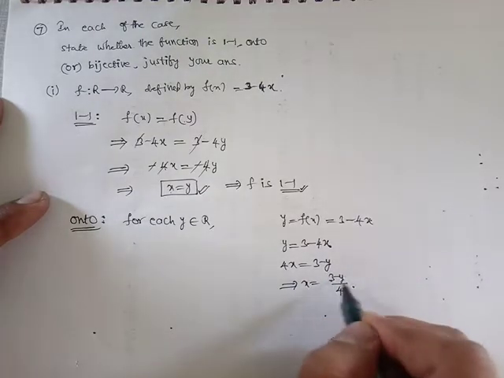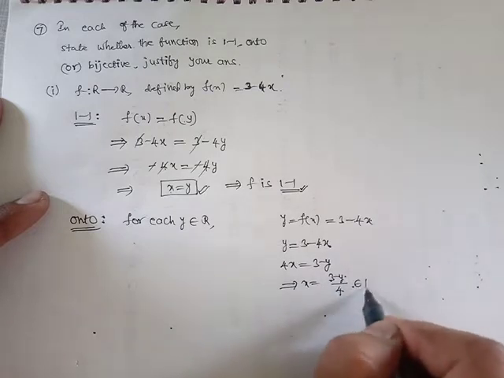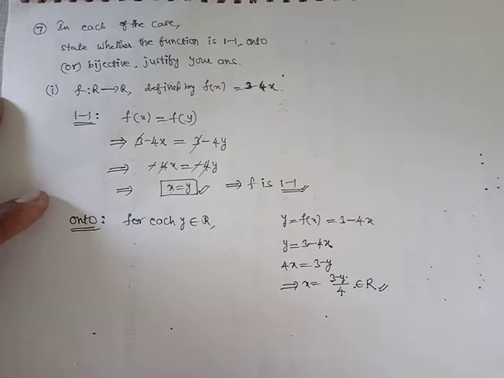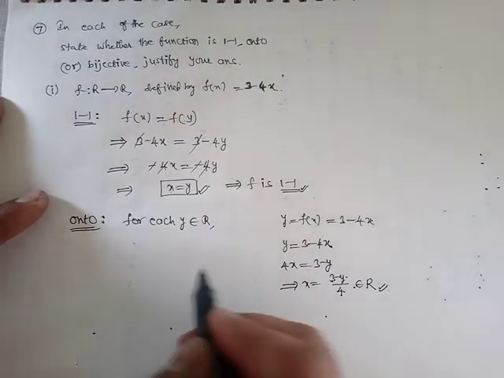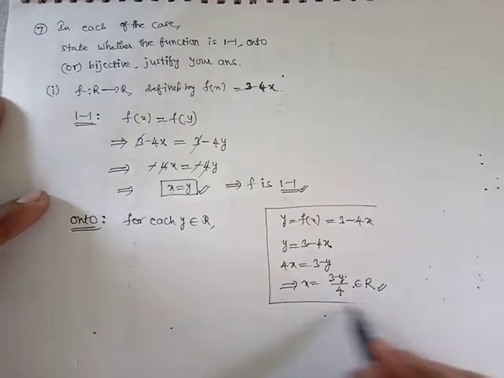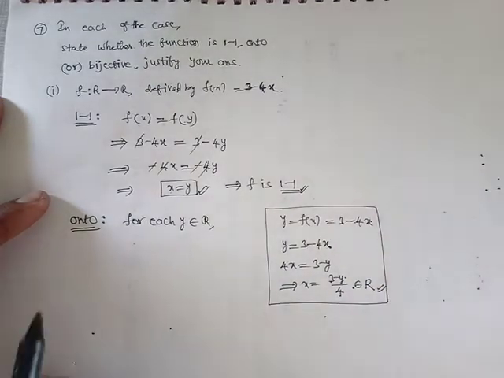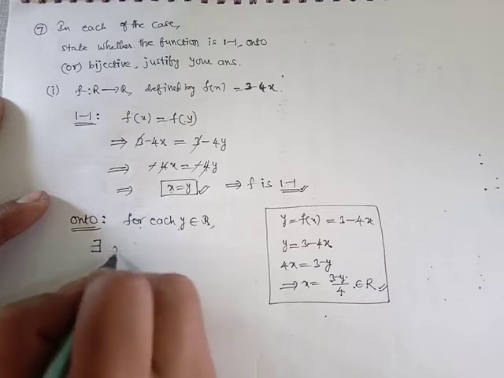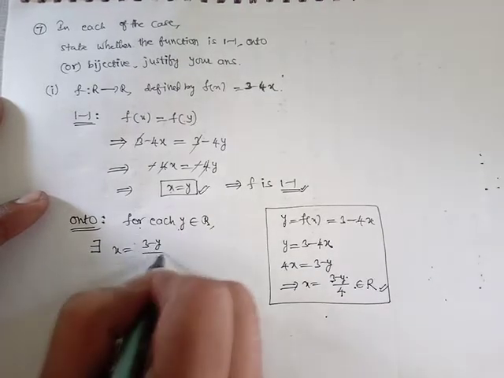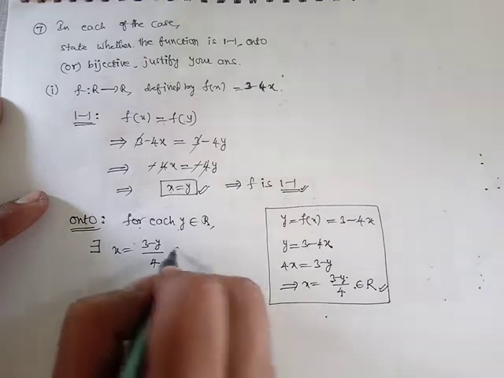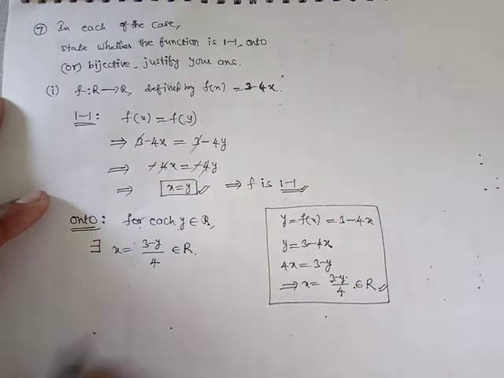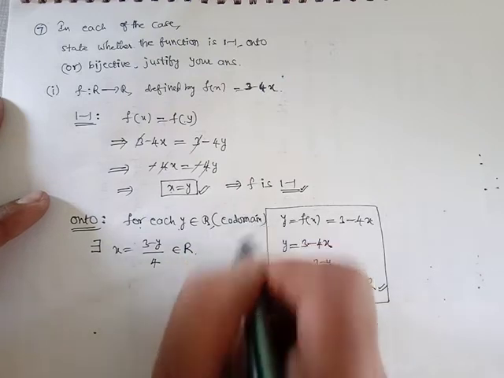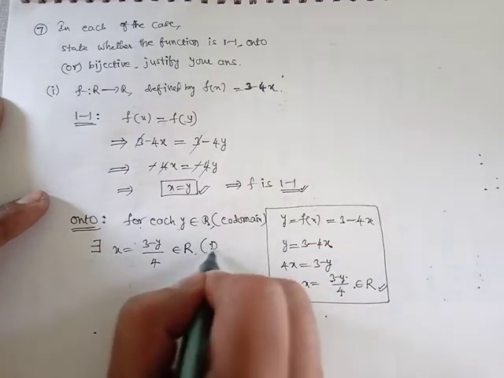Now, will (3 - y)/4 belong to the real numbers? Yes, it belongs to the real numbers. So for each y belongs to R, there exists x = (3 - y)/4 belongs to R. The first R is the codomain, the second R represents the domain.